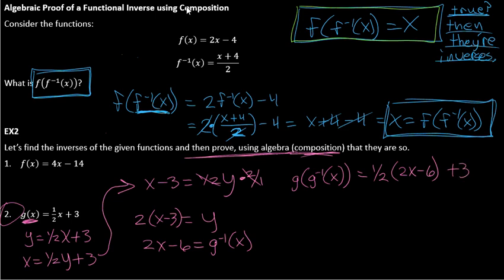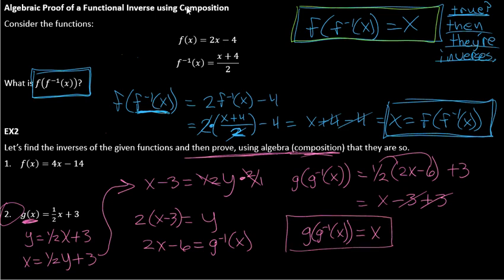I distribute: 1/2 times 2x is just x, and 1/2 times negative 6 gives me negative 3. Minus 3 plus 3, and I'm left with g of g inverse of x equal to x, and thus this guy and this guy are proven to be inverses.